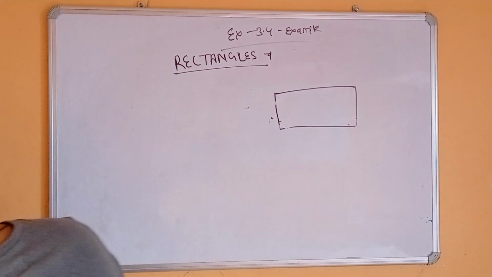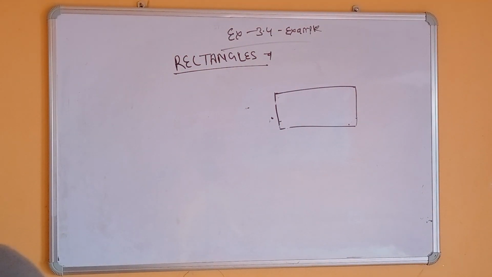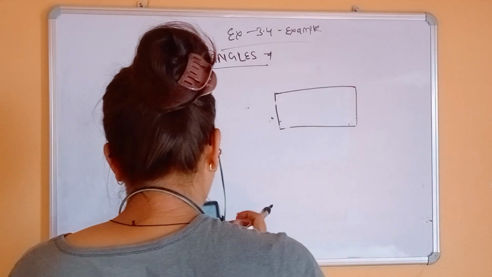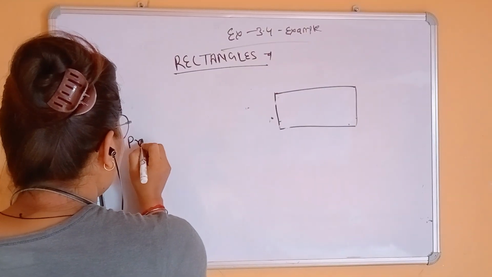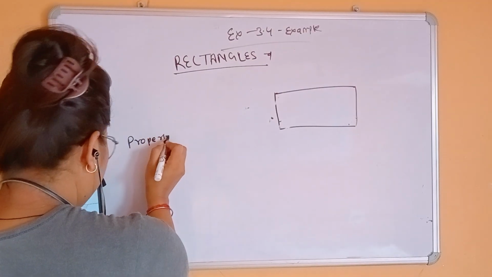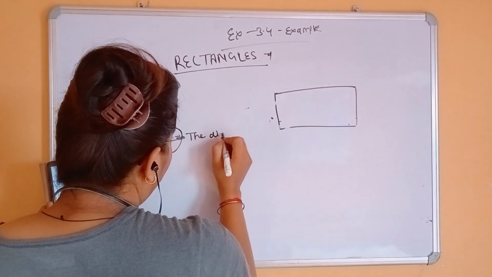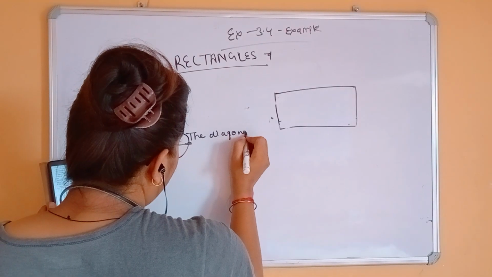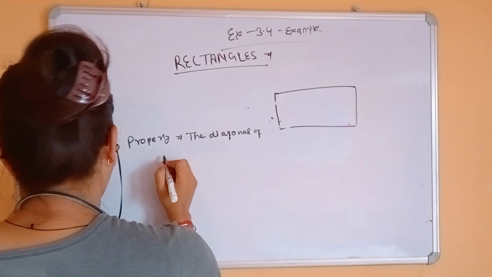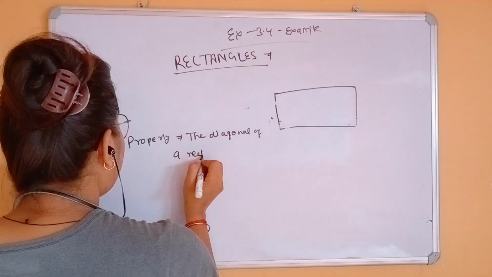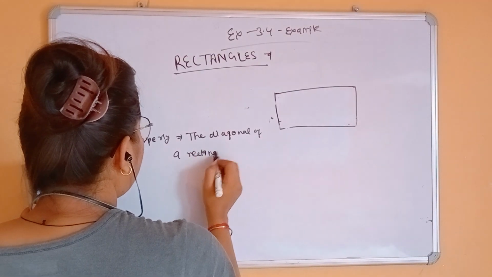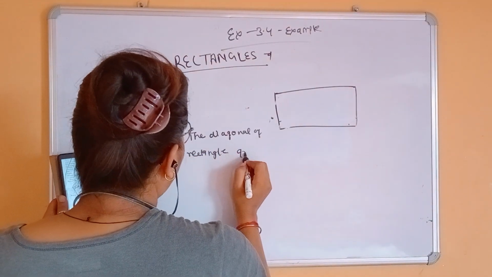So what does the property say? In your book it is written: the diagonals of a rectangle are of equal length.